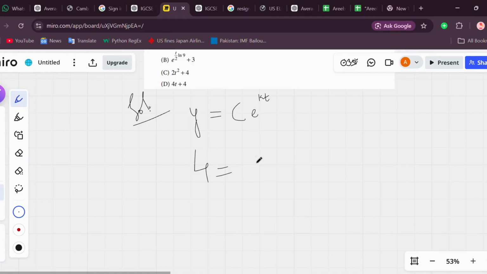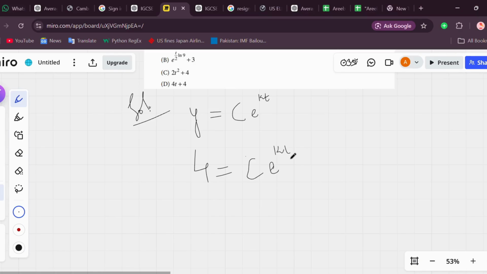C e to the kt will remain the same, and kt will be 0.